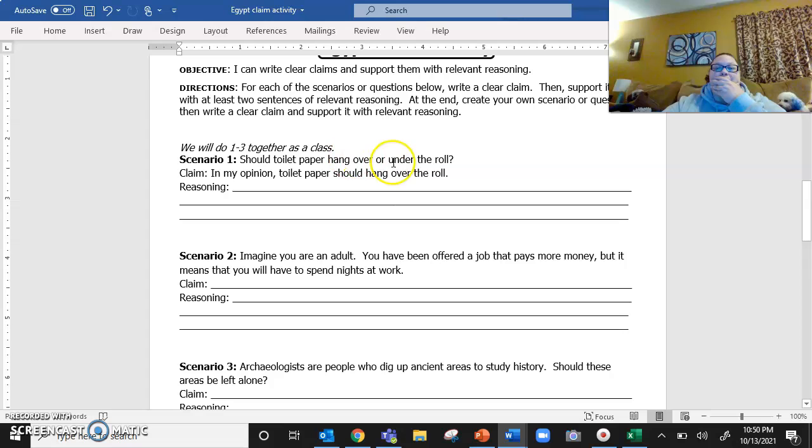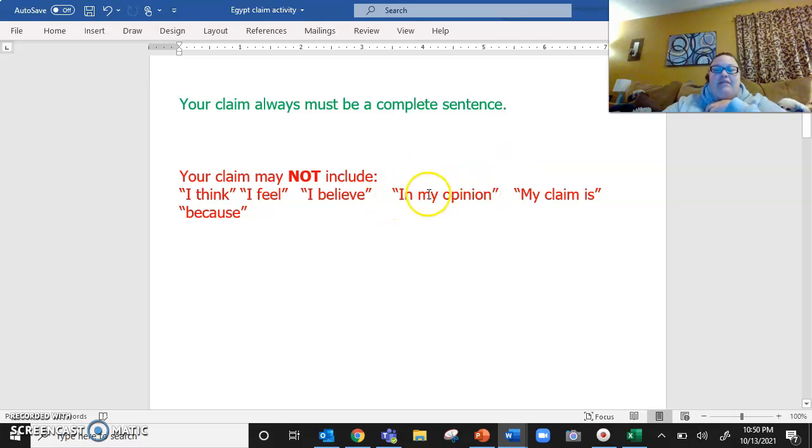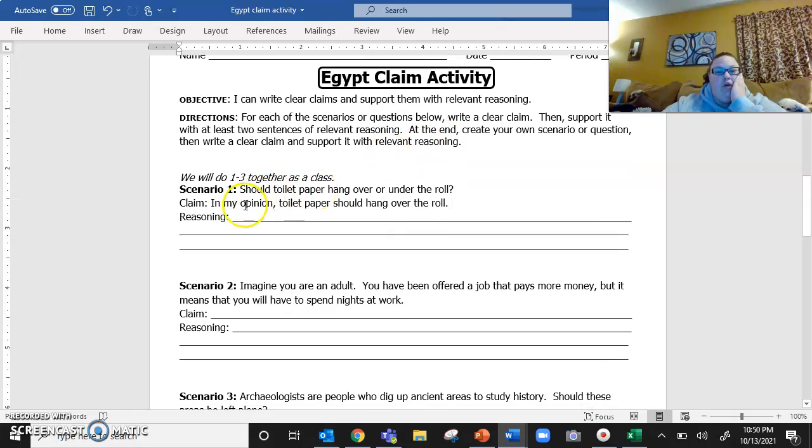Oh no! Wait a minute. I just remembered. We can't say, in my opinion. Oh my gosh. So we need to fix this. So instead of saying, in my opinion, can I just erase that and get rid of it? And then my claim would be, toilet paper should hang over the roll?